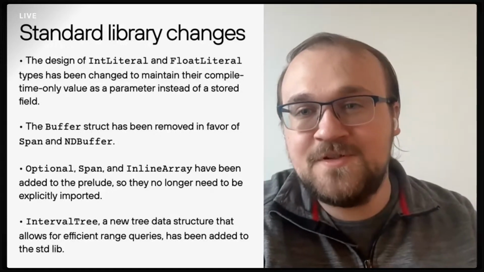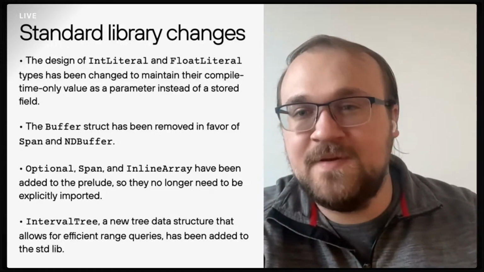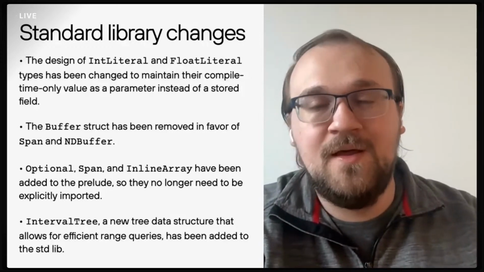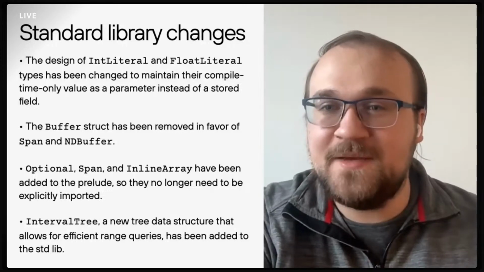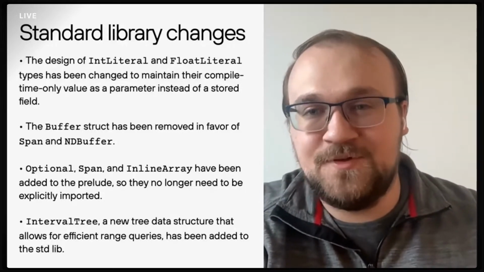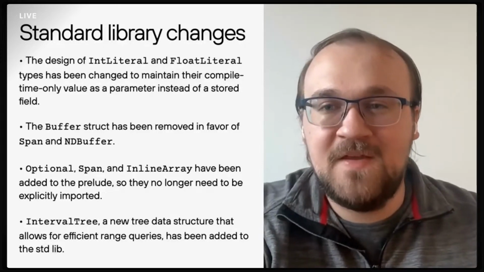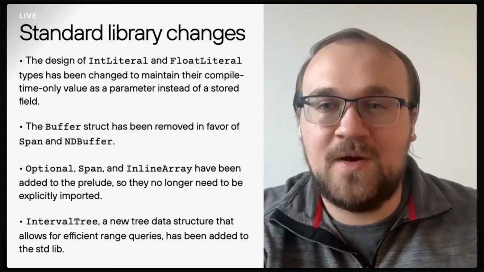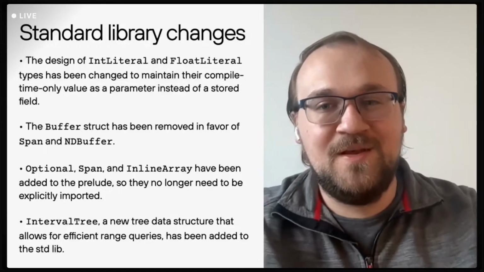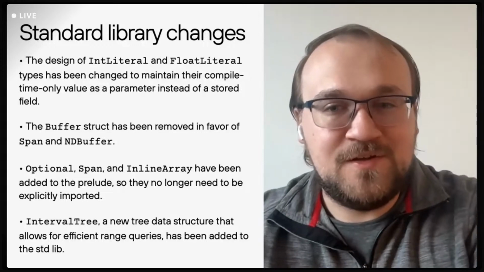Additionally, the optional, span, and inline array types that have been in the standard library for quite a while are now in the Mojo prelude. That simply means that if you're using these types in your code, you no longer have to import them explicitly. They'll just be visible to your code and you can use them. That's quite nice because these types have become quite common in Mojo code, so not having to import them removes a certain amount of work that programmers have had to do.